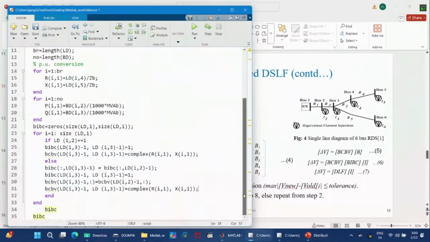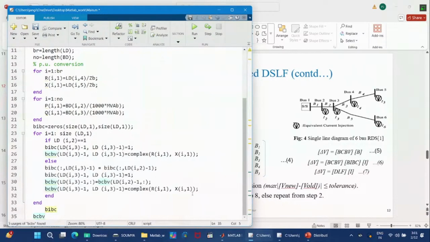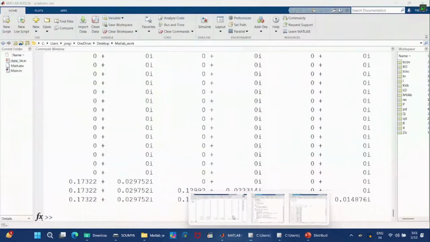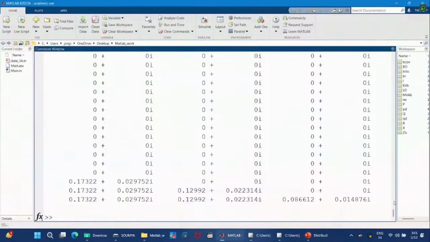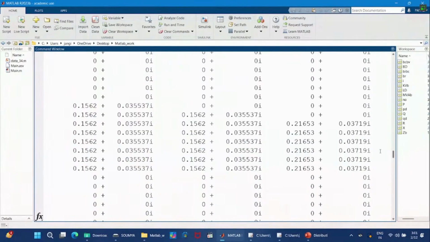Let's see whether the BCBV matrix is coming or not. Yeah, it's working fine.